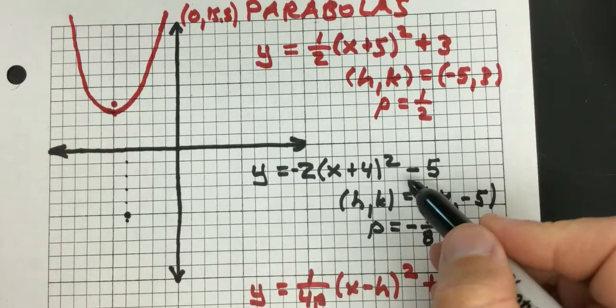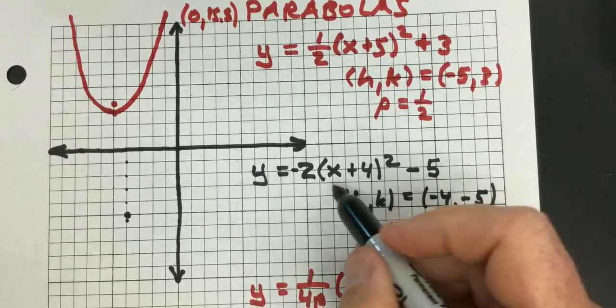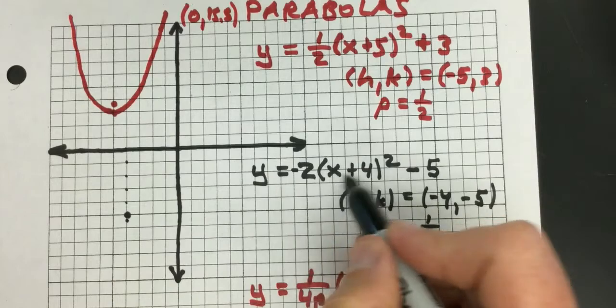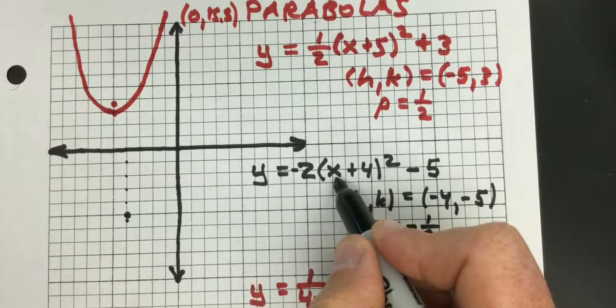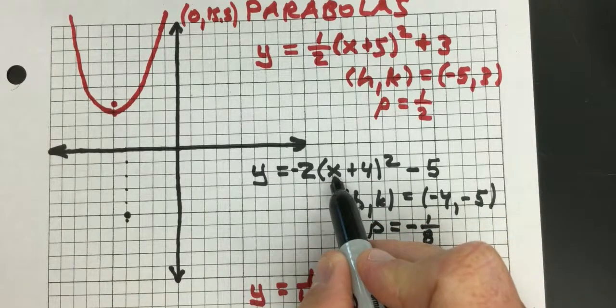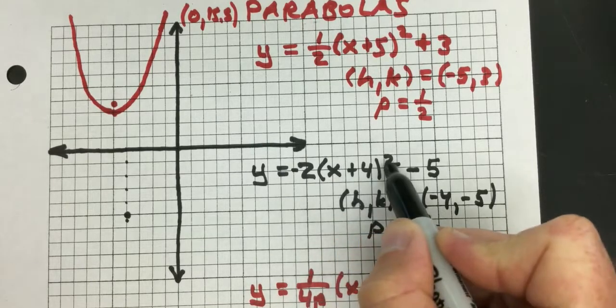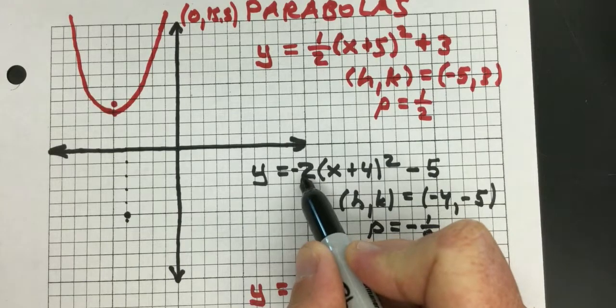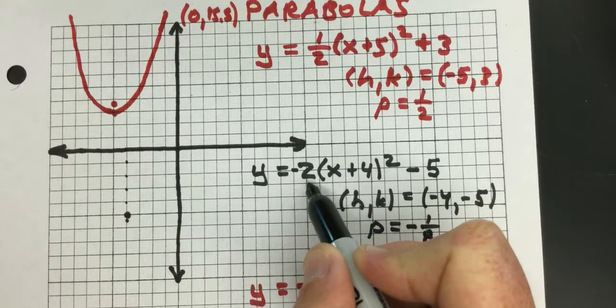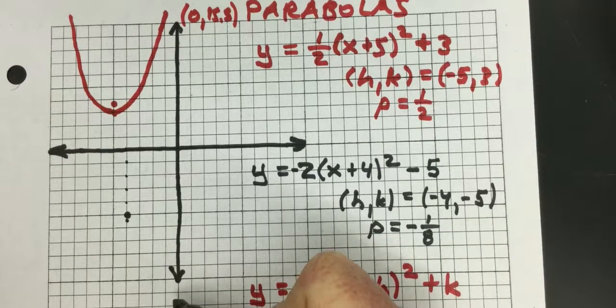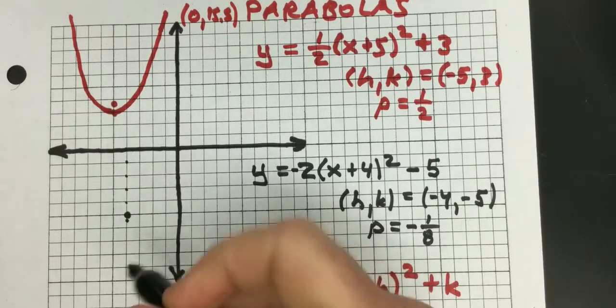To see where it crosses the y-axis, you could play this game again where you plug in x = 0. So that would be 16, because you plug in x = 0, 4 times 4 is 16. And then times -2 would be -32. And then -5 would be -37. So it's really going to be way down there.